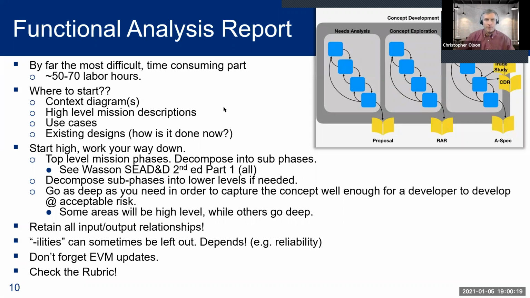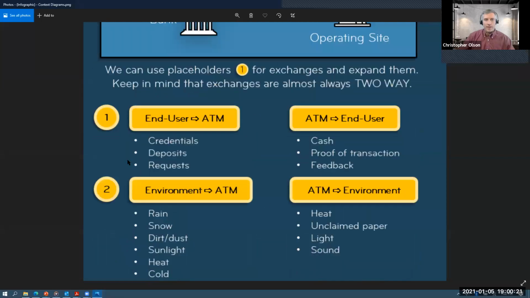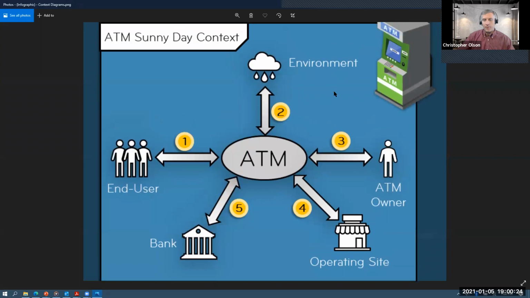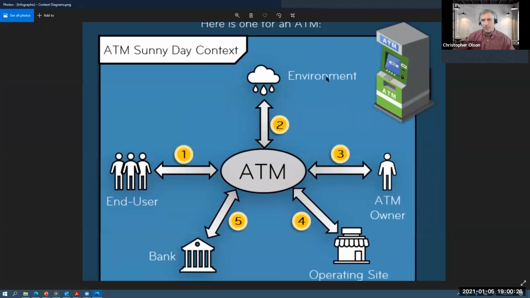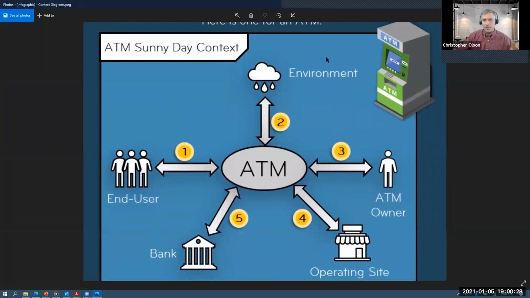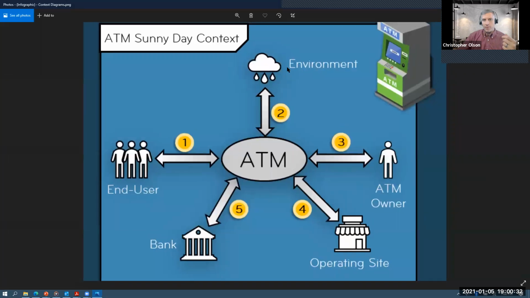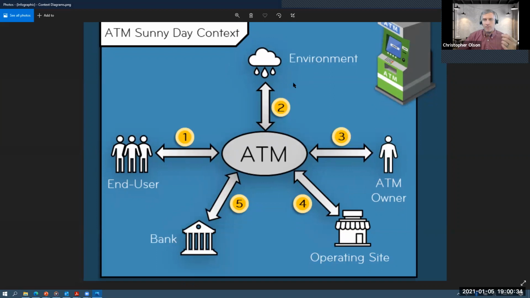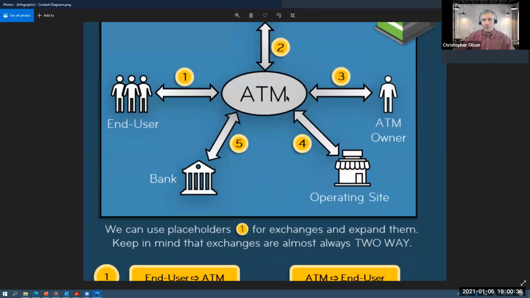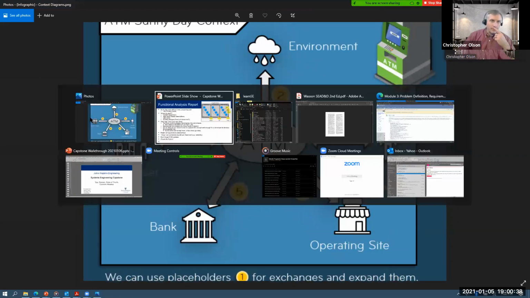Like in this example, we've got a bank and end user and environment. Create an entity in your architecture called environment, even if it exists in the functional domain, that's fine. Because you're trying to get your functional inputs and outputs to and from this element, all right? So that's how you would do it in a tool like that.